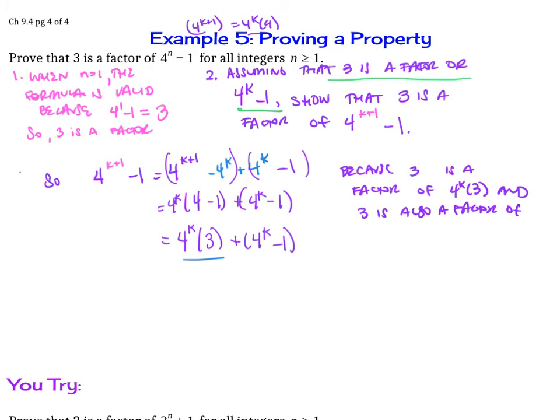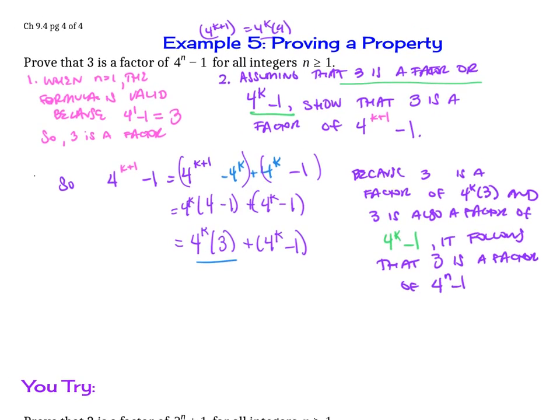We said that 3 is a factor of 4^k minus 1, right? We assume that. It follows that 3 is a factor of 4^n minus 1 for all integers n greater than or equal to 1.